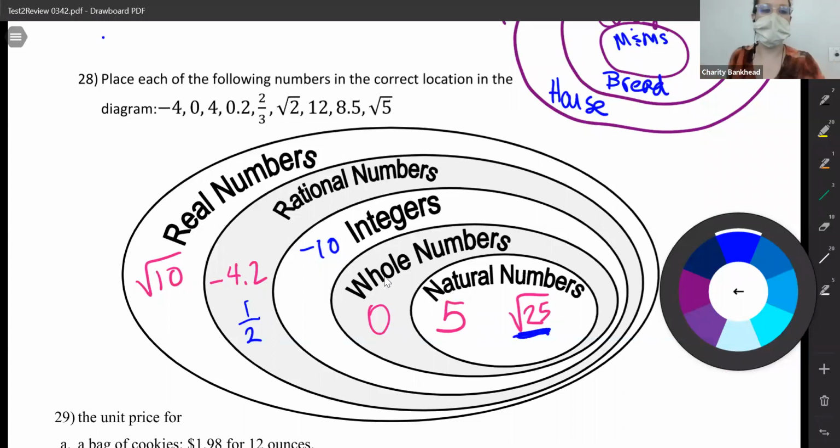So basically all the numbers we're going to talk about this semester are real numbers. There is such a thing as imaginary numbers that are not real, but we won't talk about any of that this semester. That's right. -10 is a rational number. That's right. -10 is not a whole number, because whole numbers are only positive, 0 and larger.